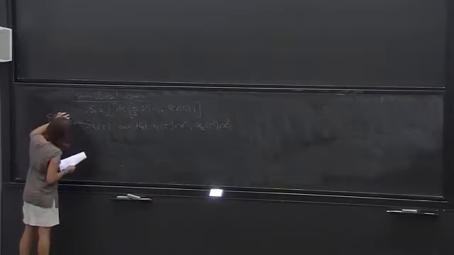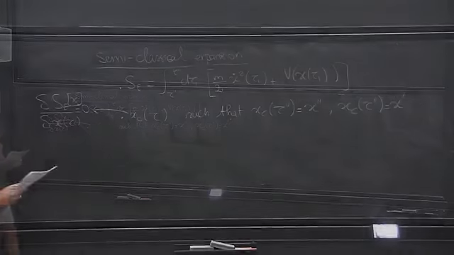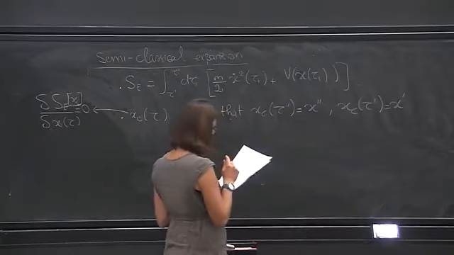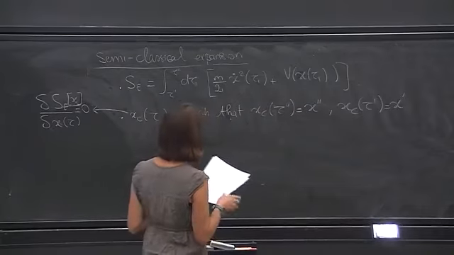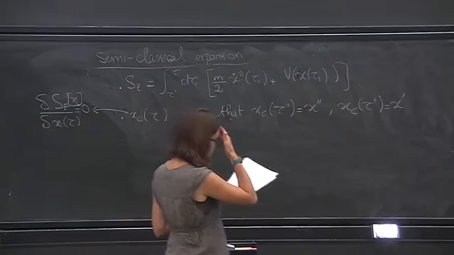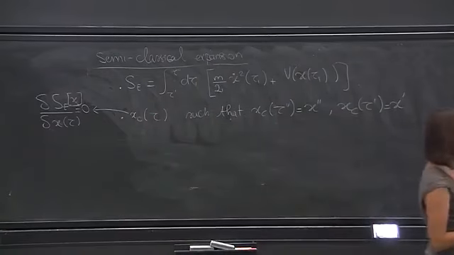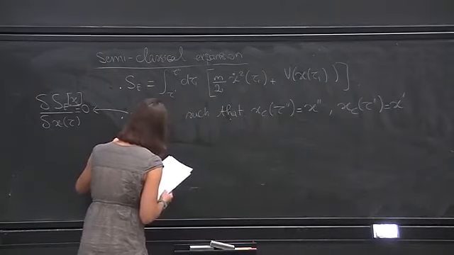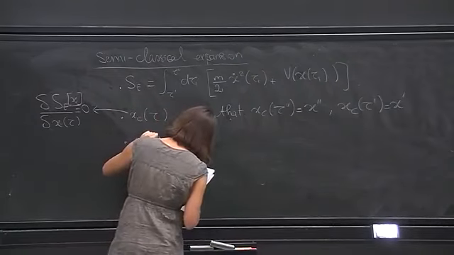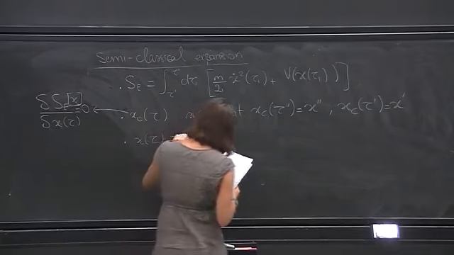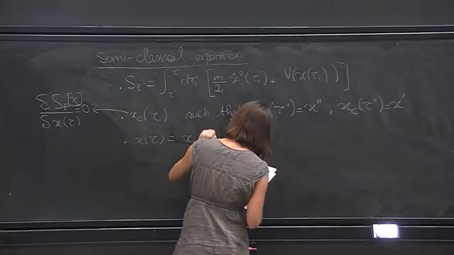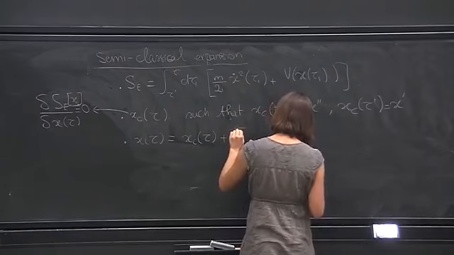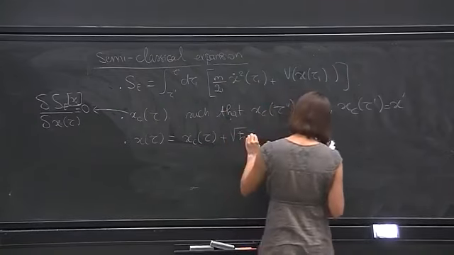Evaluated at x_c. So we see that when h bar goes to 0, then all the contributing paths are going to be the ones very close to the classical trajectory. So to do that, let's consider a trajectory of the type: the classical contribution plus some fluctuation, where here I even introduce.